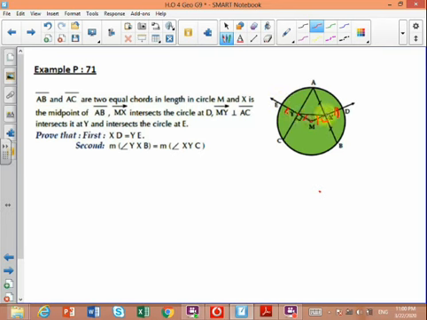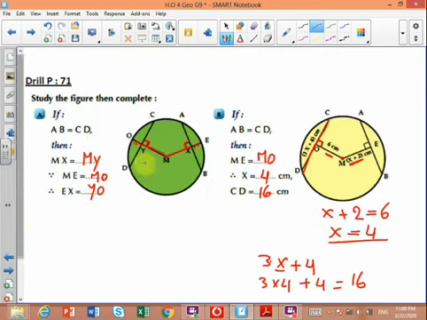So as MX equals MY, XD will be equal to YE. Sorry that I forgot to say this. I forgot to tell you why they are equal: because MD and ME are two radii in the circle, and these two are equal because they are perpendicular and AB equals CD. By subtraction, I find these two parts are equal also.